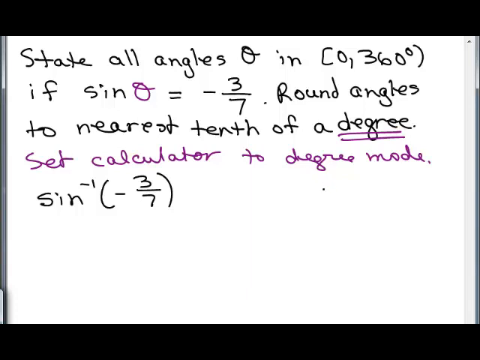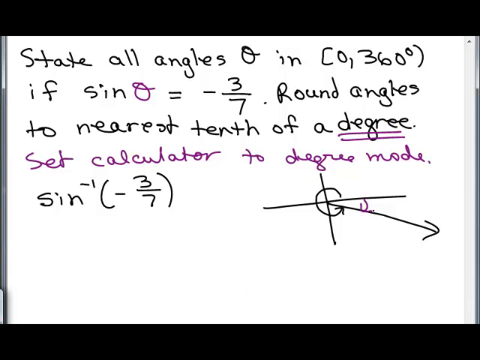So let's just think about where these angles might be first. Sine negative 3/7. So in other words, that's sort of like thinking of the y over the r, 3 over 7, but it's going down here. So maybe it's something like that. But we want to get the positive value for that angle. When you plug this in your calculator, you're going to get a negative angle right here.